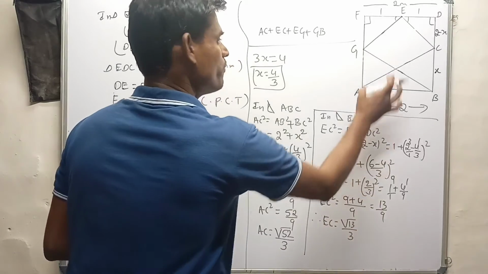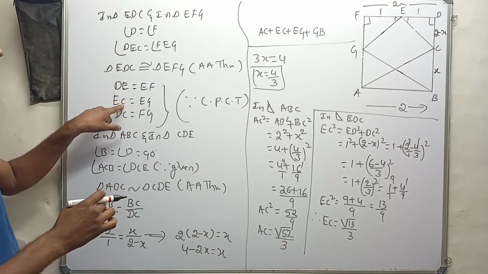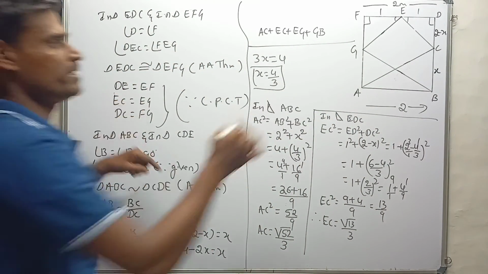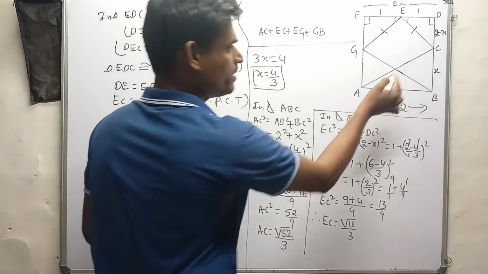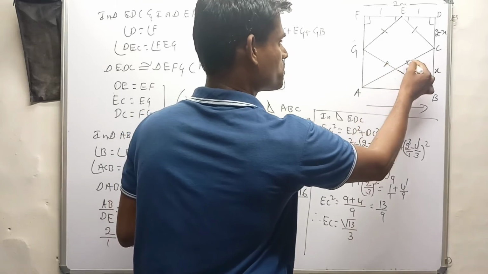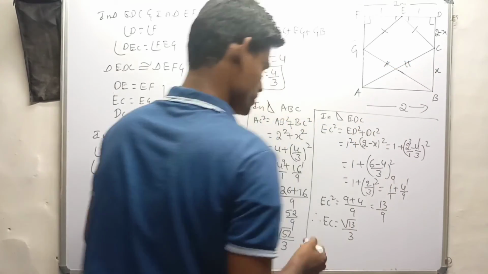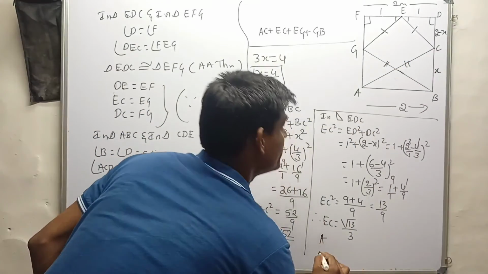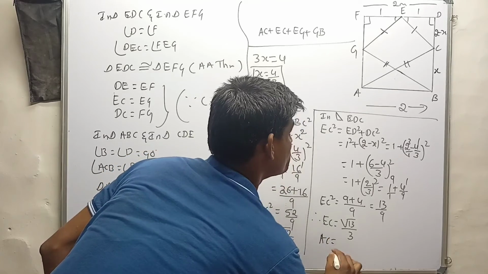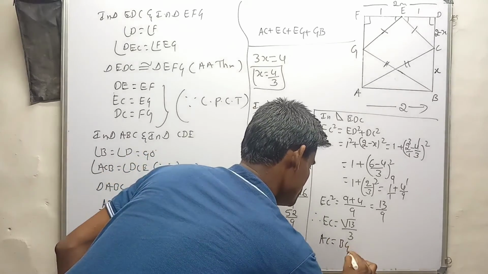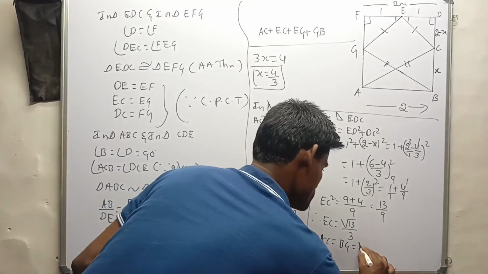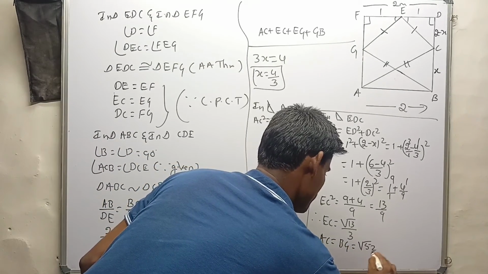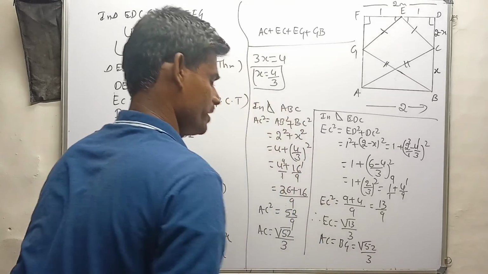Now in this figure, we proved that EC is equal to EG. Similarly, we can prove that BG is equal to AC. So we can write AC is equal to BG, and we know the length of AC is equal to square root of 52 divided by 3.